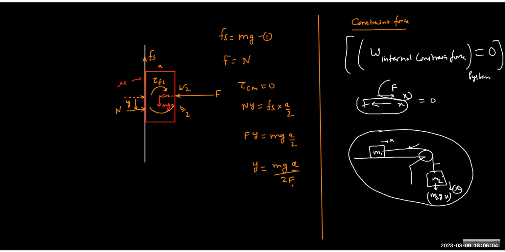M2 or M1? M2. Gravity is only doing work on M2. But it is the tension which is taking a part of that energy and giving it back to M1. So the work done by the tension here is negative. So it is taking away the energy from M2.